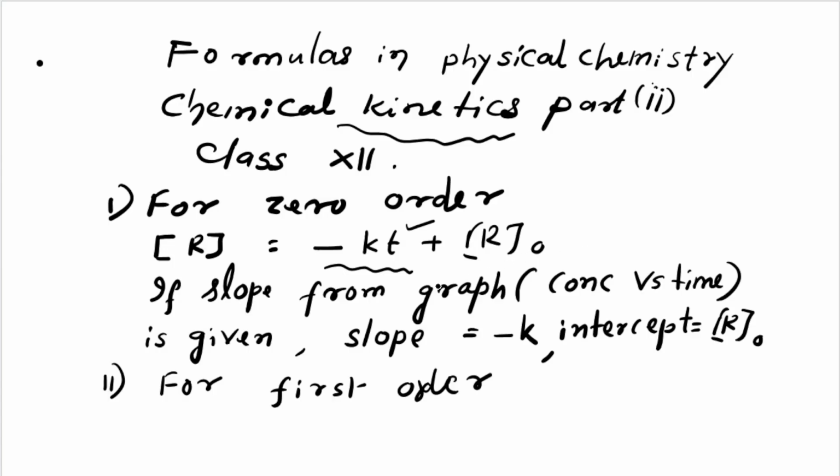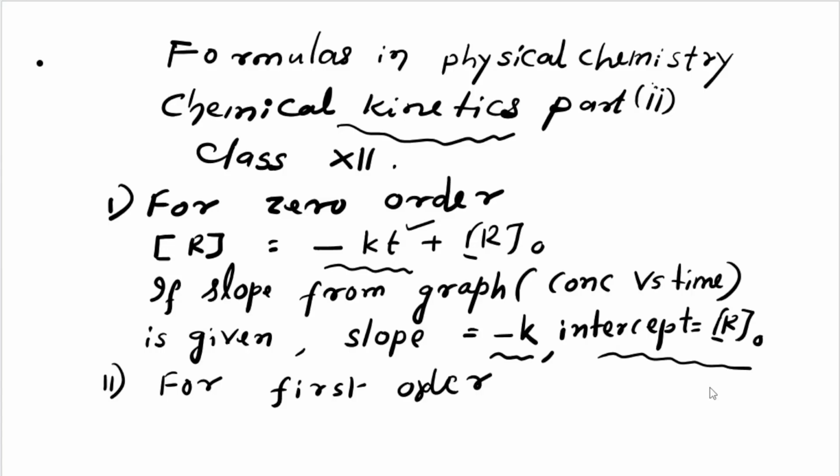If you get a slope from the graph of concentration versus time, slope equals -k and intercept equals [R]0, where [R]0 means initial concentration.